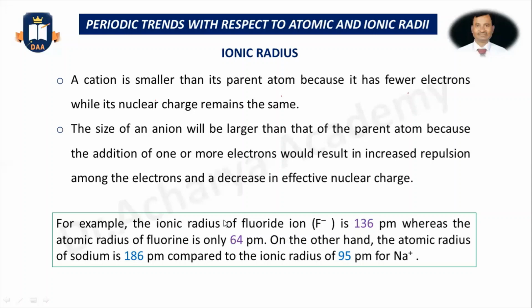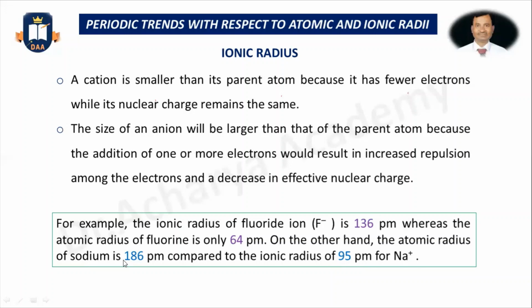Now we will take one example for a cation. Sodium cation. The ionic radius of Na+ is 95 picometer. Then this will be smaller than the atomic radius of sodium.